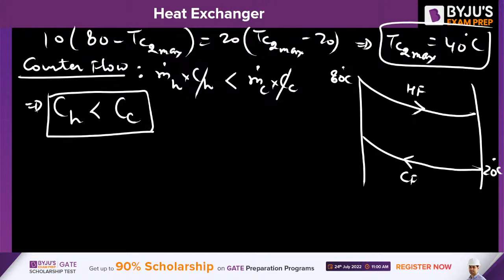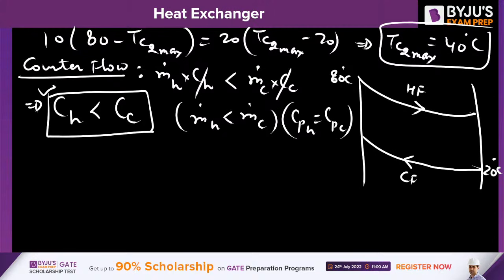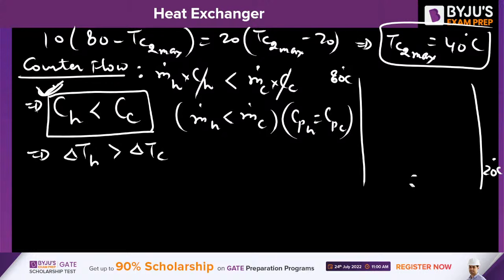The heat capacity rate of hot fluid is less than that of cold fluid because the mass flow rate of hot fluid is less than the mass flow rate of cold fluid and Cp of hot fluid is same as Cp for cold fluid. That is why the heat capacity rate of hot fluid is less than the heat capacity rate of cold fluid, or we can say delta TH is greater than delta TC. Do you agree? So the profile will not look like this. How will the profile look like?